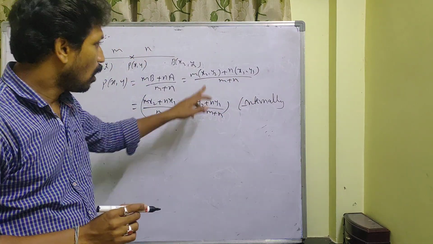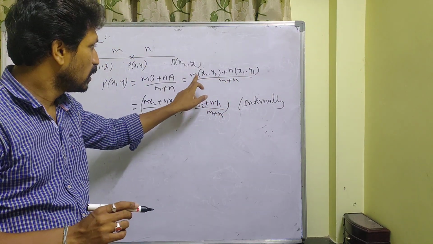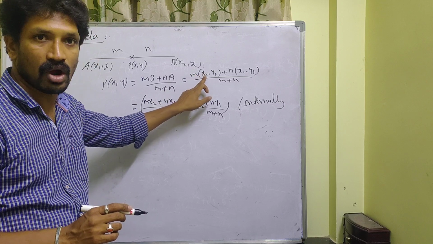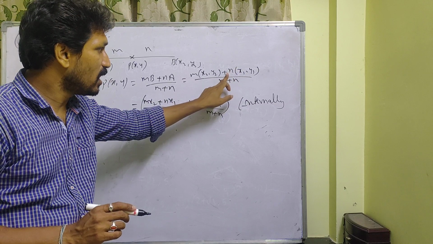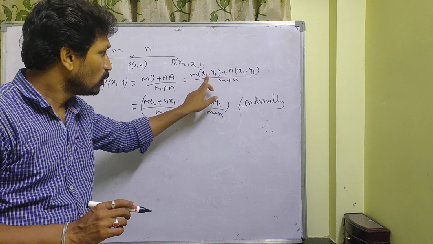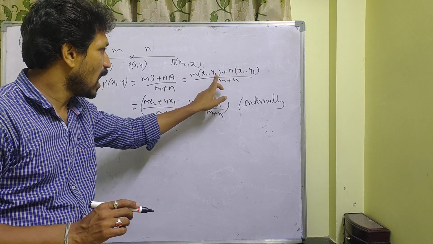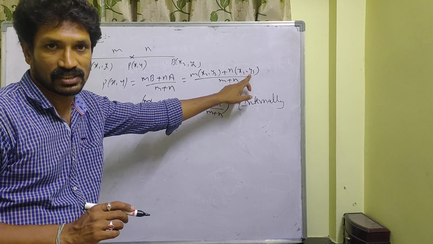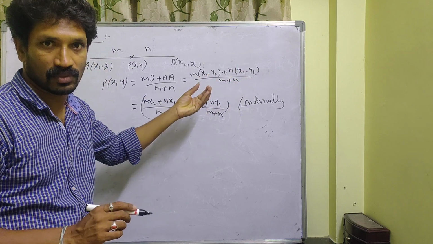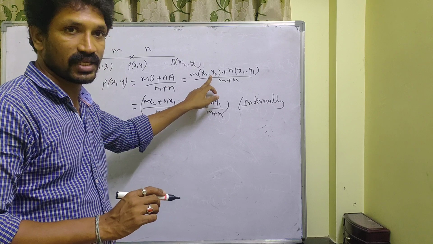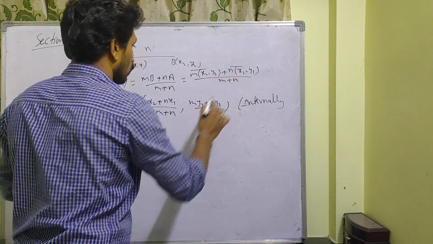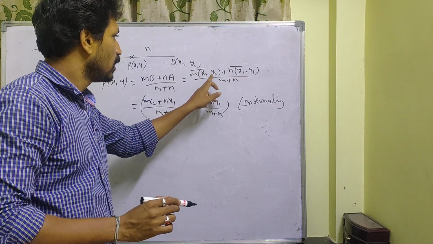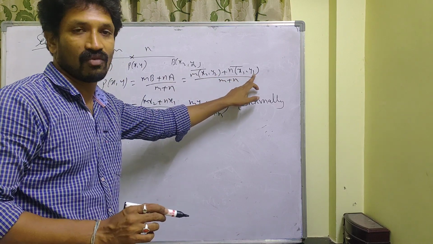See here, how to simplify this one: m into x2 you have to write, here n into x1 you have to write. So add only the x coordinates, and add only the y coordinates separately, and keep the comma. Okay, because here comma is there. So how to multiply? mx2 plus nx1 comma my2 plus ny1.